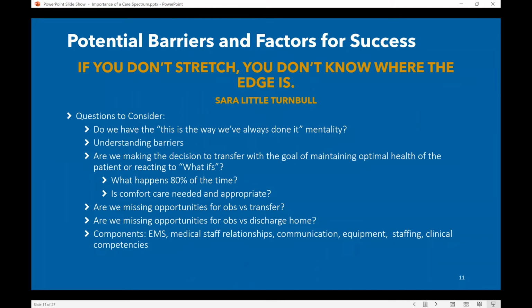Are we missing opportunities for observation patients versus transfer? There was a hospital that we worked with, I believe it was in Arizona, and the medical director of the hospital told us that he used to be the medical director at a tertiary center that received the transfers from the hospital that he was at now.